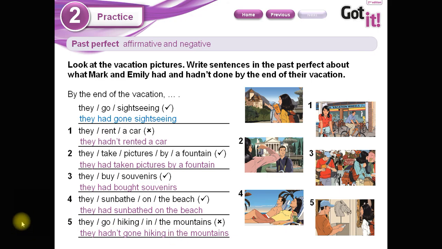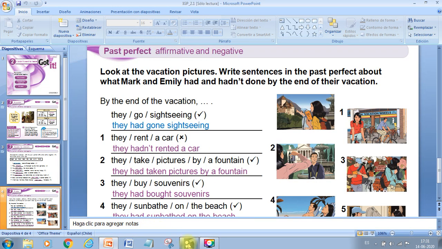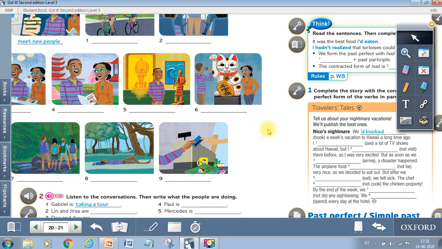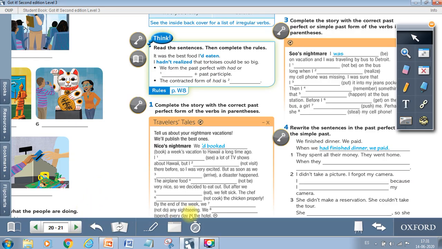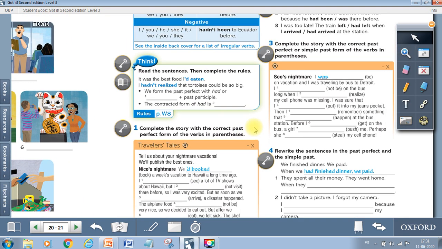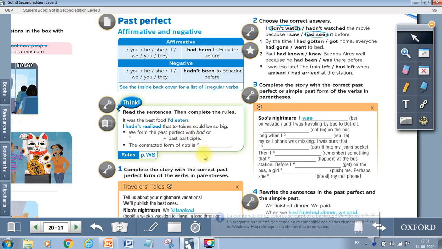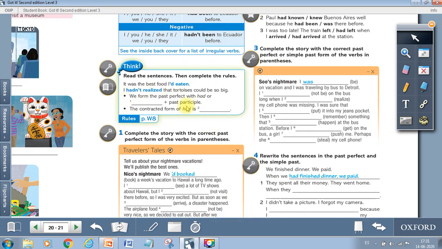Now we are going to do some exercises on your books, okay? So pay attention. We are here on page number 21. You have here the same exercise you saw before, okay? Affirmative and negative. We have here some rules, okay?